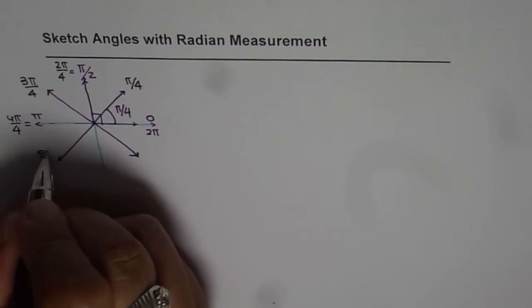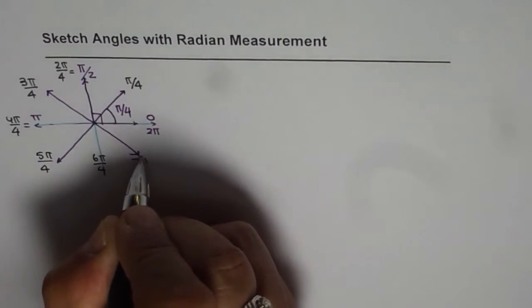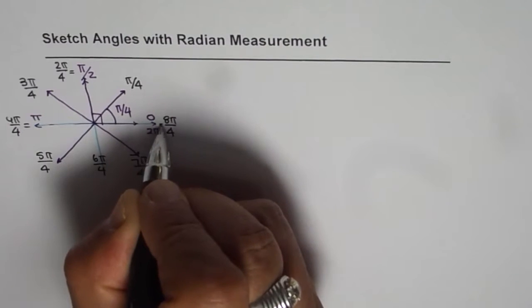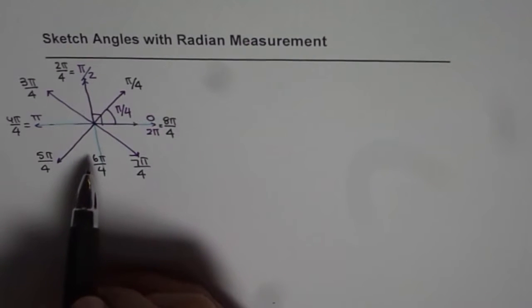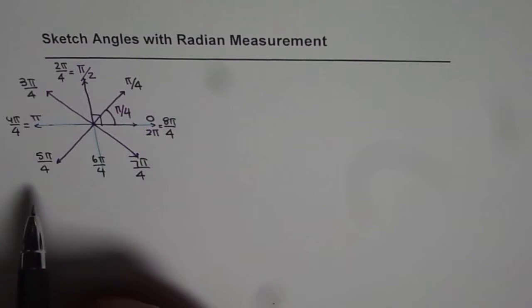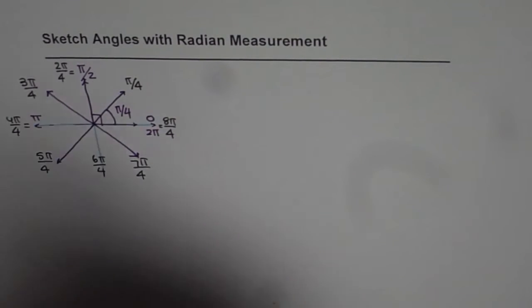Then we have 5 pi by 4, 6 pi by 4, 7 pi by 4, and then 8 pi by 4, which is same as 2 pi. So as you can see, as we go counterclockwise, we can draw different angles with given radian measurements as multiples of pi by 4, right? So the concept here is to divide your pi or the full circle in equal parts and then draw the required angle.